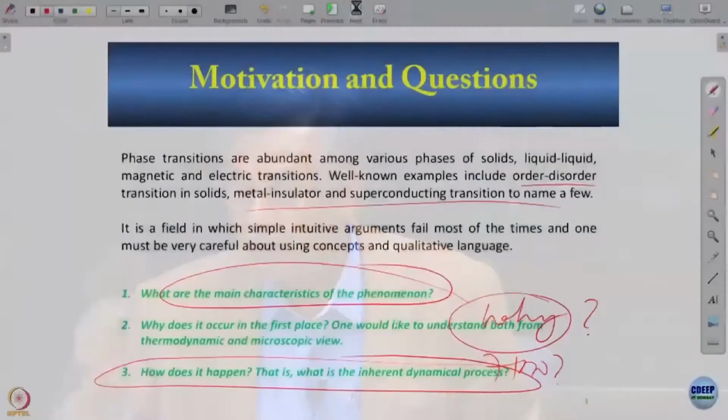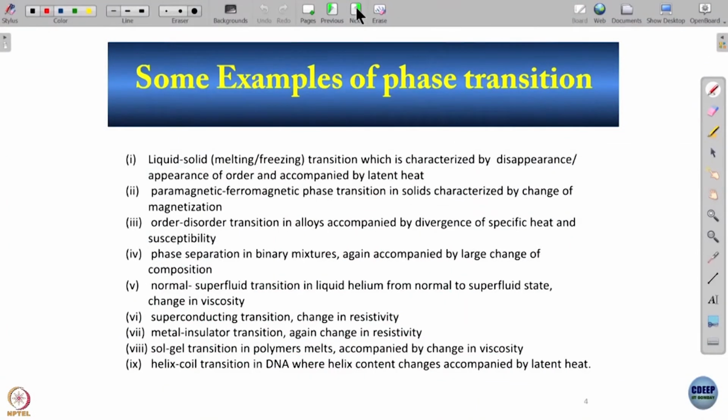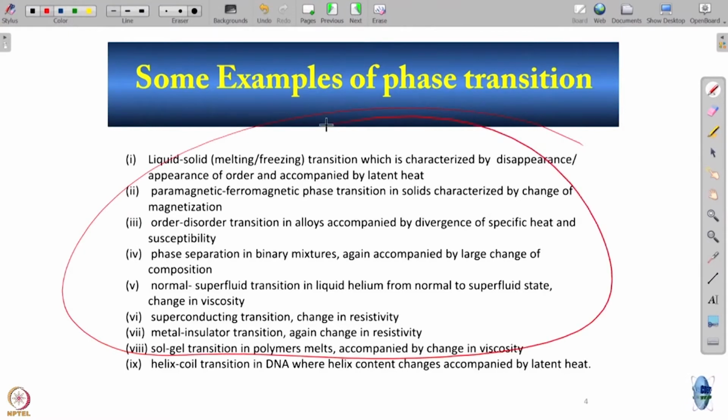And so Landau said, there is again, this will be given to you, a large number of examples: paramagnetic ferromagnetic phase transition, liquid solid, gas liquid, order disorder, very common in the solid phase, like alloys, binary mixtures, again they phase separate, in polymers, in superconductivity, in superfluidity, solvent, helix coil.